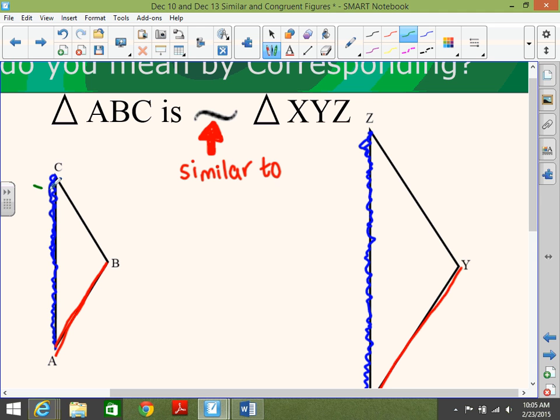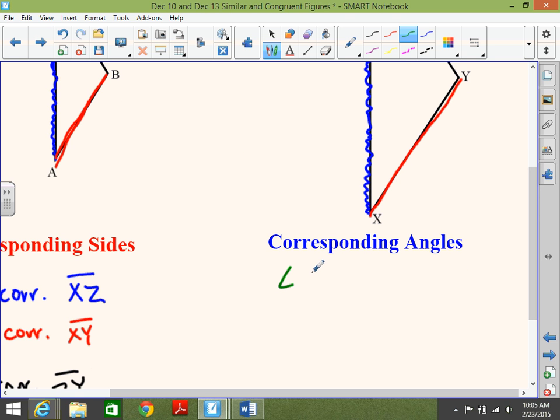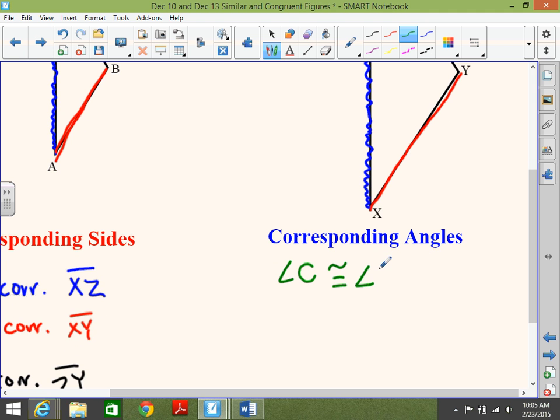Okay, so draw a little smile across angle C. What does angle C correspond to? Angle Z. Good, Amy. So down here, angle C is congruent to angle Z. They have the same measure, C and Z.